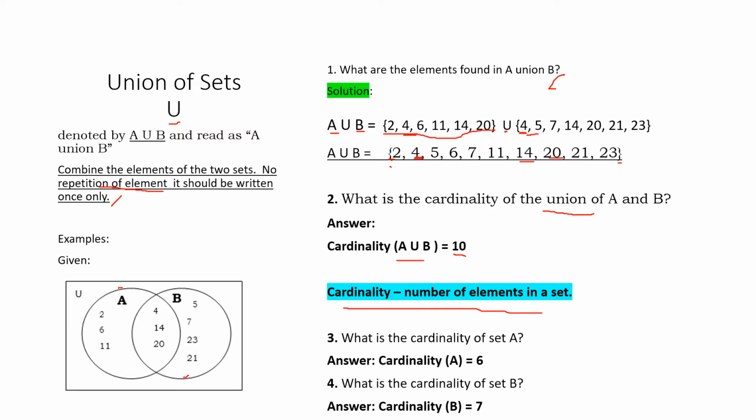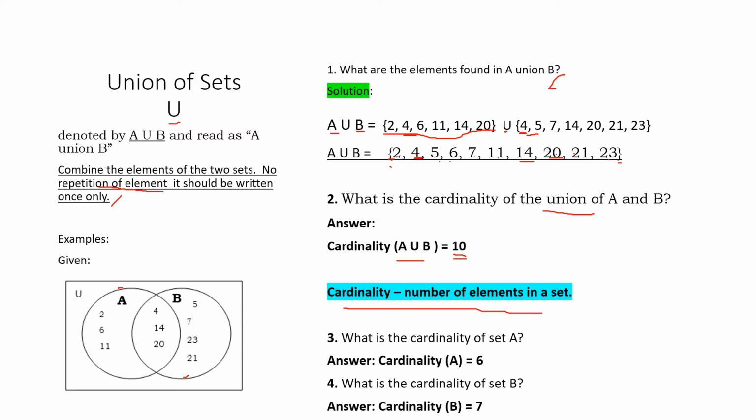We have 1, 2, 3, 4, 5, 6, 7, 8, 9, and 10. Therefore, our answer here is 10. I'll repeat. When we say cardinality, you are just going to count how many elements are there in A union B.